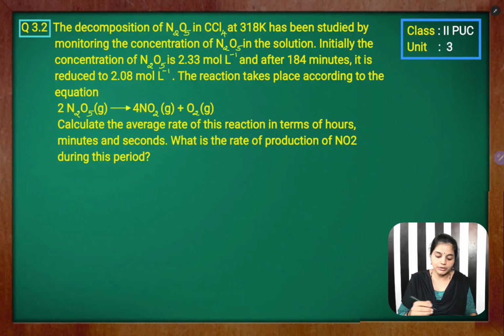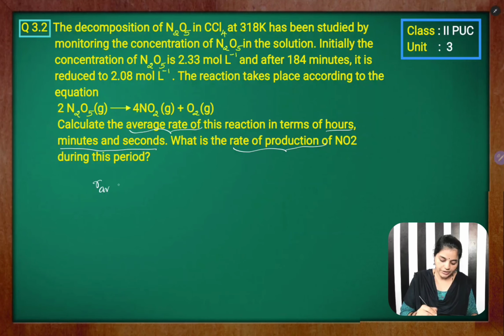So here we need to calculate the average rate of reaction in terms of hours, minutes and seconds. Also we should calculate the rate of production of nitrogen dioxide. So first let us calculate the average rate of reaction.